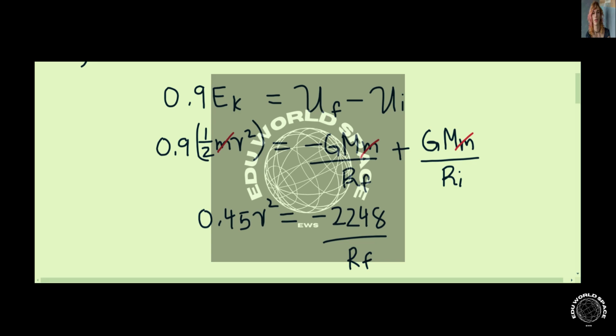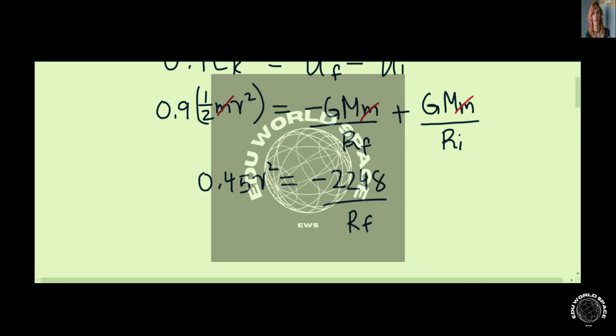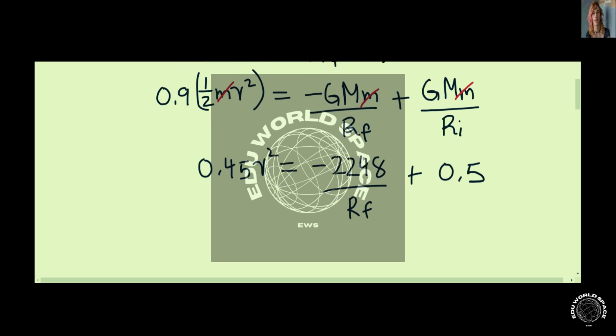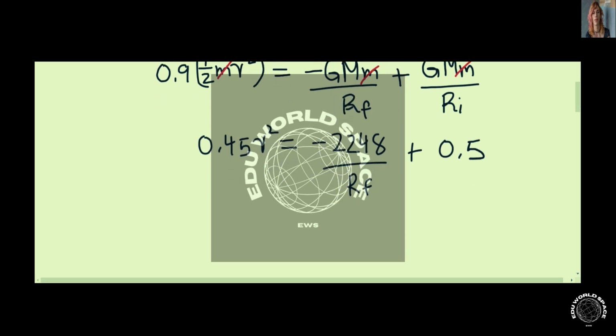It's the radius that the debris is at when it's lost 90% of its kinetic energy. And then GM over RI, we have all of these values. So the initial radius is just the radius of the comet, right? Because initially the debris is on the surface of the comet. So we would substitute in there 4,500, substitute in G and M, and we get a value of 0.5.